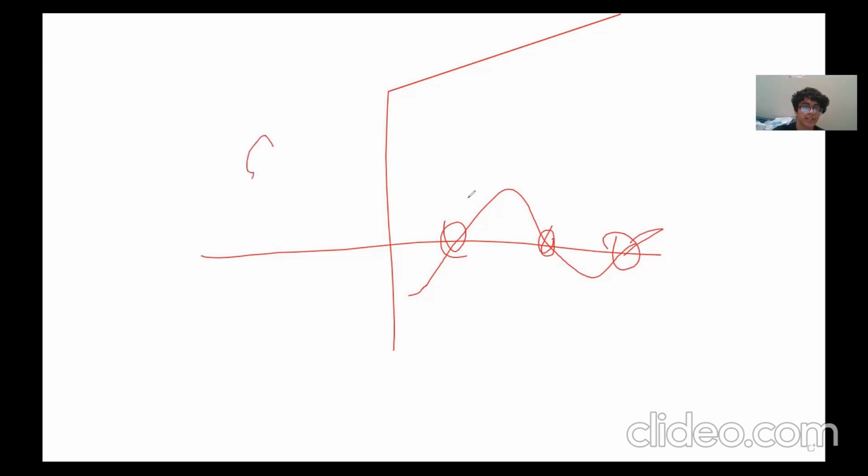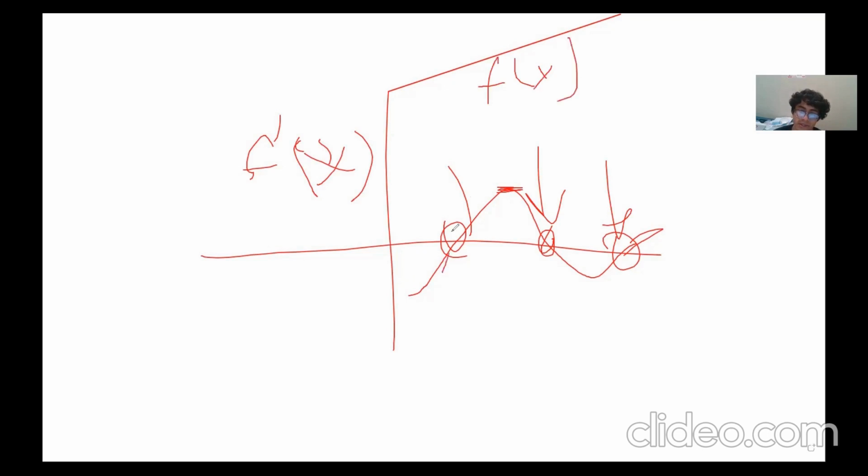If this is the derivative's graph, this is so ugly, okay, you know that at this x value, this x value, this x value, you know what to look out for, that kind of stuff. You also know that maybe here there's a second derivative change. This is something we'll see later in this video, but for the f of x function, where to look for the relative minima, concavity changes, those kinds of things.